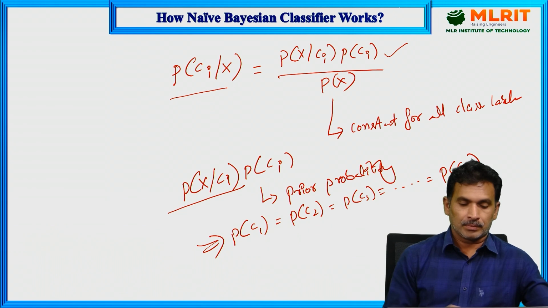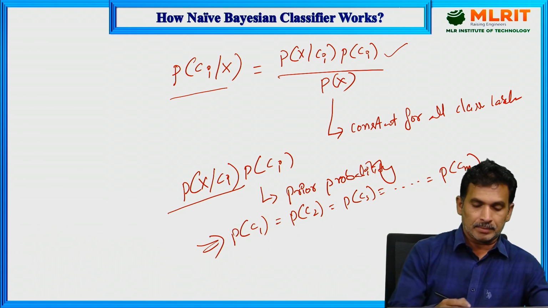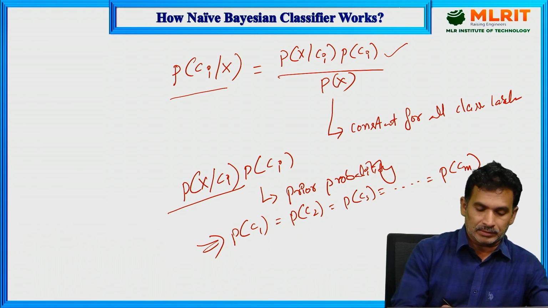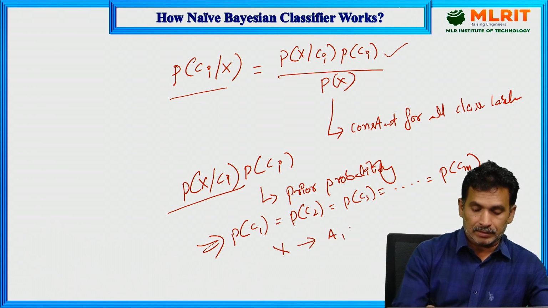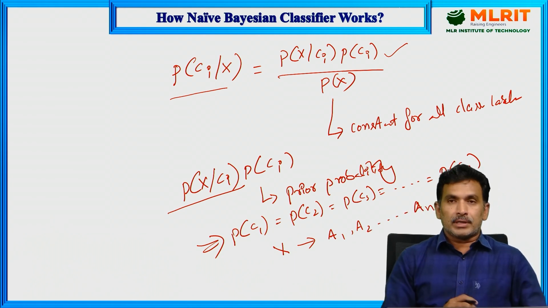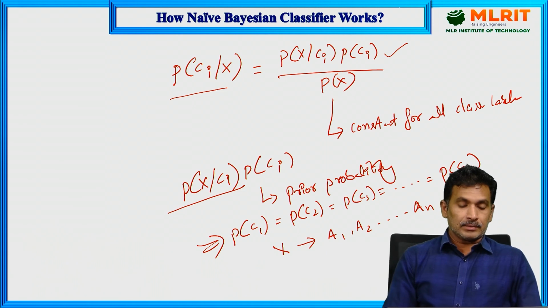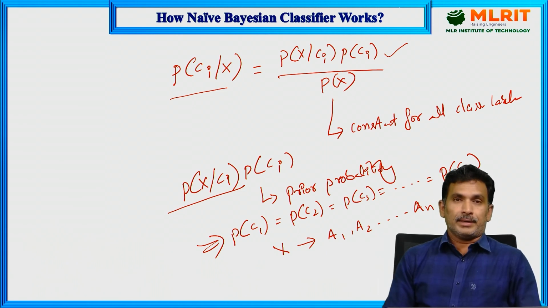How can we maximize this? Suppose x is a tuple and the attributes are a1, a2, and so on up to an. For each attribute we have to calculate this posterior probability.